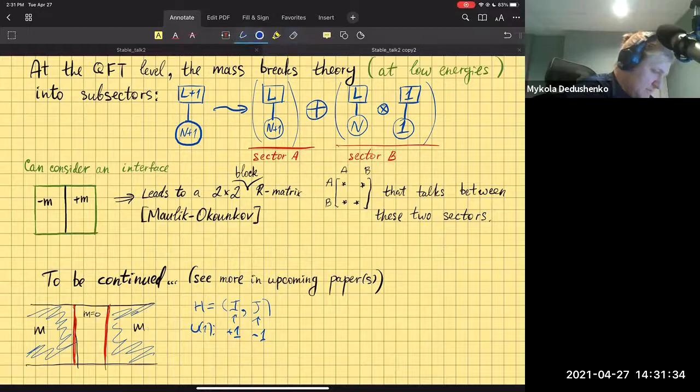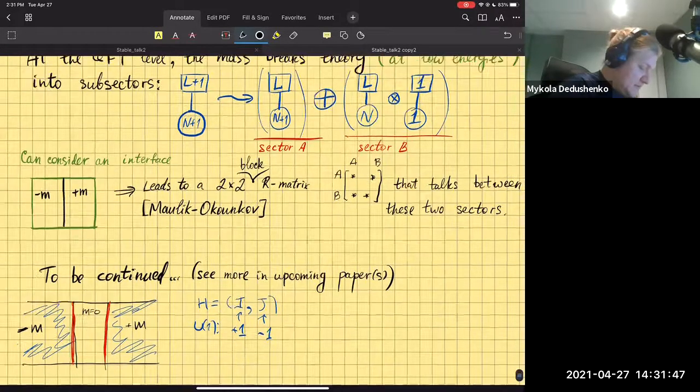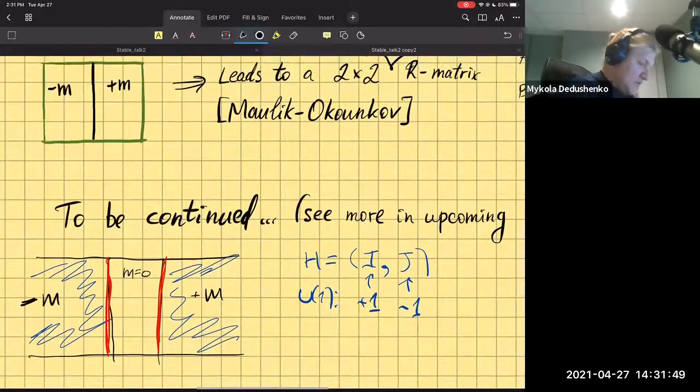So the mass is -m on the left and +m on the right. Then in this case, one can show that the boundary conditions satisfied by these chirals will be as follows.